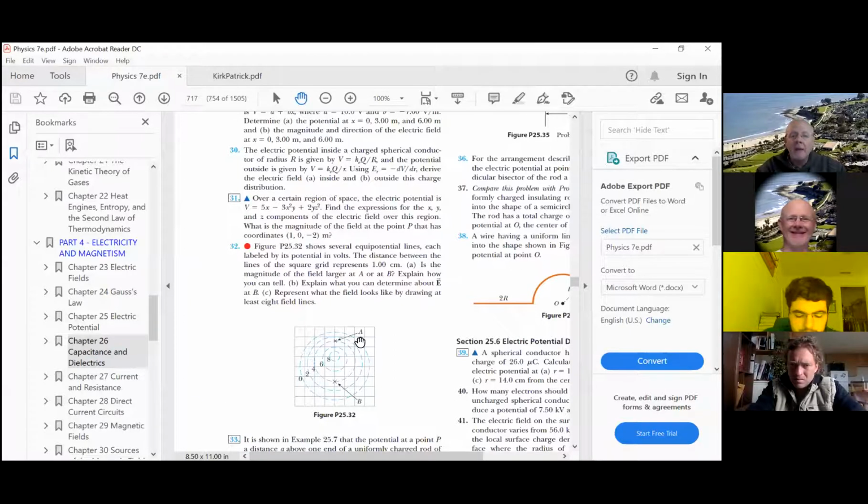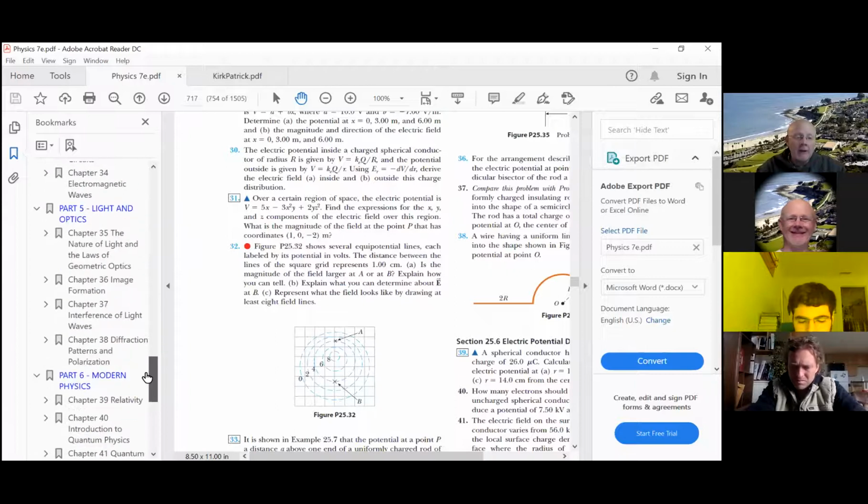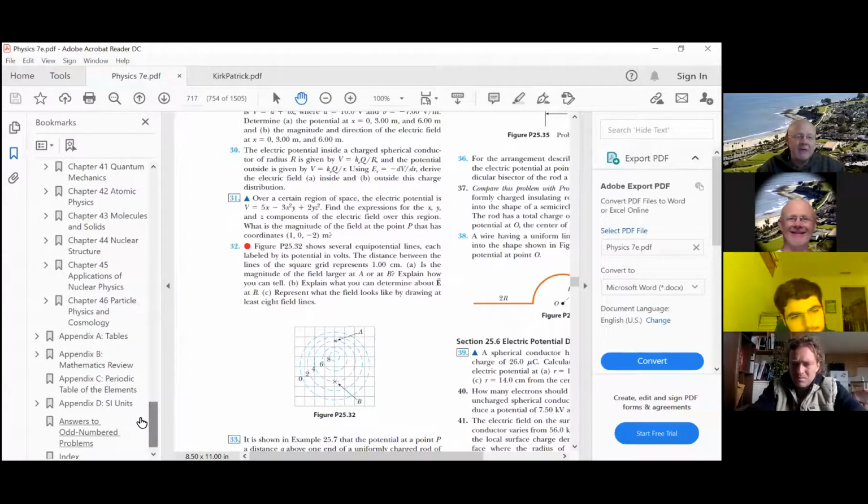And if you go all the way to the back of the textbook, it's Appendix B. In fact, I just want to see if this is working. I'm going to go to my other monitor here, see what you guys see. Okay, good. And then over here on the left, you can see Appendix B, Math Review.